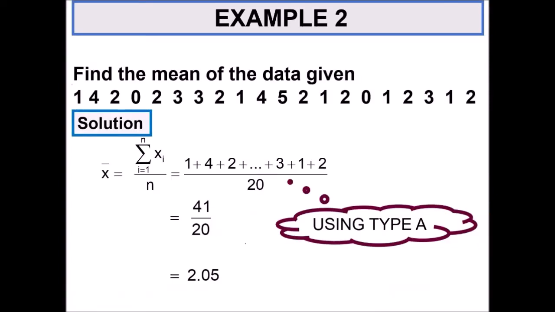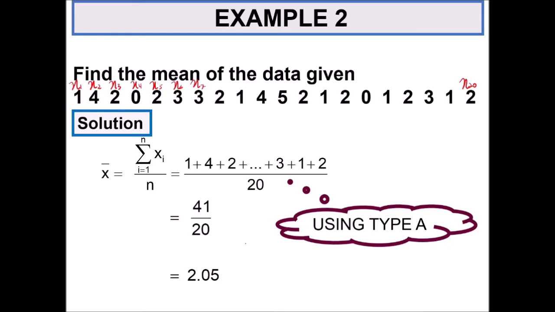Example 2, find the mean of the given data. Here is ungrouped data, type A. 1 is x1, number 4 is x2, then x3, x4, x5, x6, x7, until the last one is x20. So here we have 20 observations.